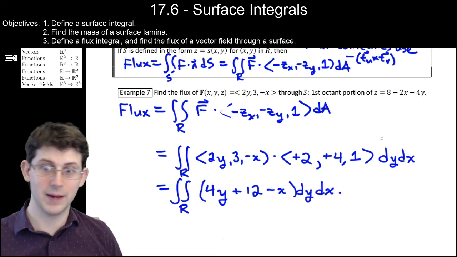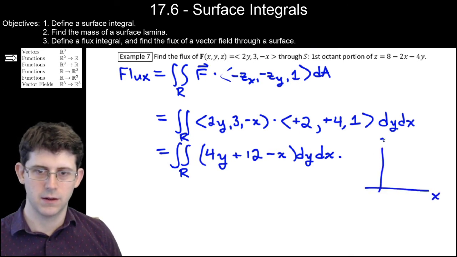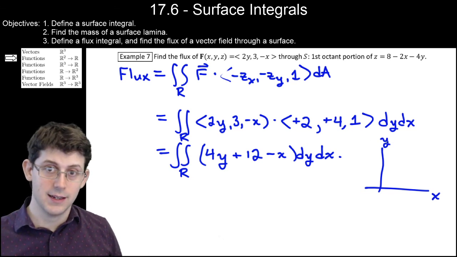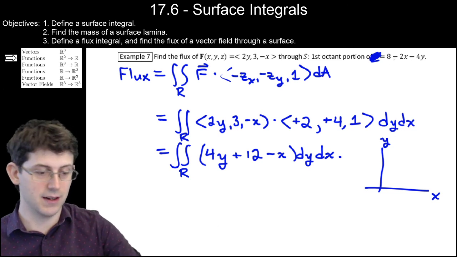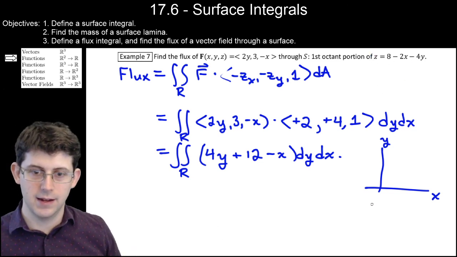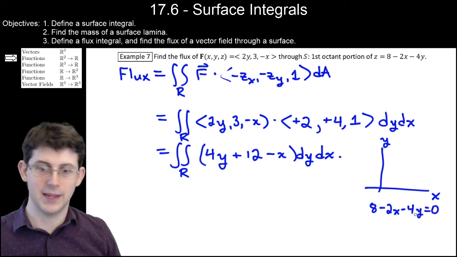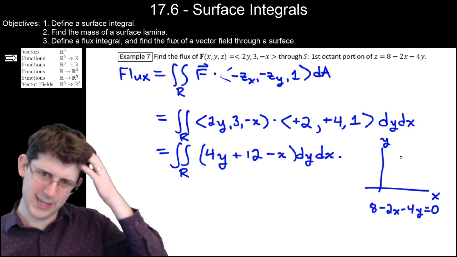To get the x and y bounds, let's just draw the picture. The x and y bounds are in the xy plane, which means z equals 0. So I've got this equation of a line: 8 minus 2x minus 4y equals 0. I can solve this for y. Is solving it for y the easiest way to get a picture of it?